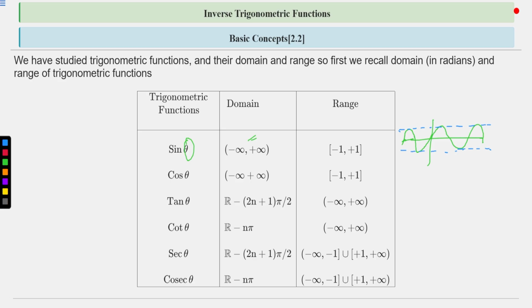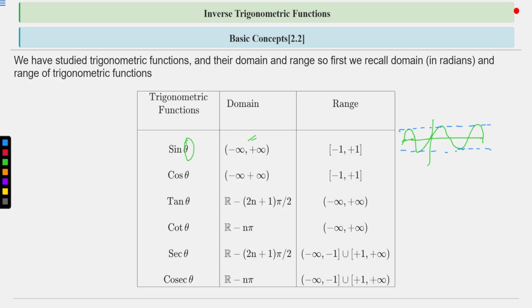You can put any values of theta while defining the cos theta. That is, you can put cos 2 degree, cos 2 radian, cos 5 radian, cos 7 radian, and in fact minus also, cos minus 7 radian. So cos theta will always be defined for any value of theta.